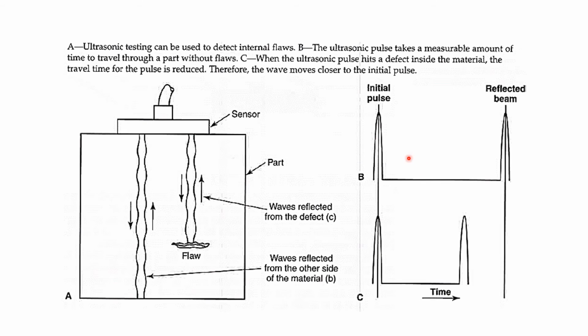So this is without flaws, and it's going to go initial, reflected. And when the ultrasonic pulse hits a defect inside the material, the travel time for the pulse is reduced. So the detection can stop right there. That's where you're seeing the gap, which is the difference right here.